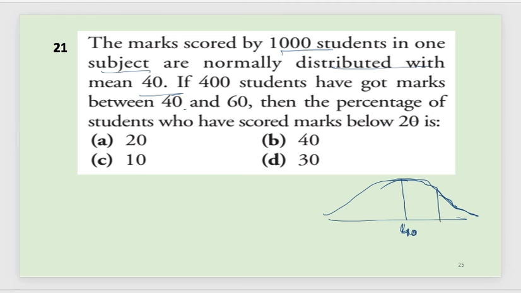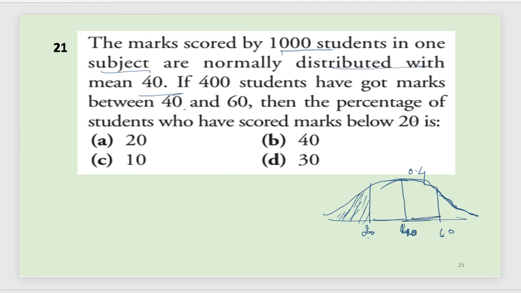So 400 students out of 1000 means what is the PDF? We can say 400 by 1000 is 0.4. Next, they are asking what is the percentage of students who scored marks below 20. Below 20 must be here, and they are asking for this value. Due to the symmetric nature, I observe that the distances from 40 to 60 and from 20 to 40 are the same.